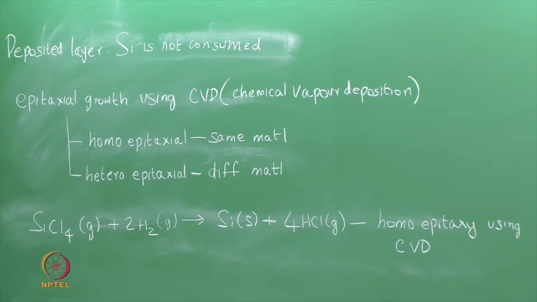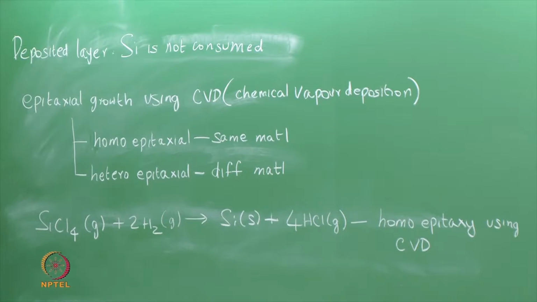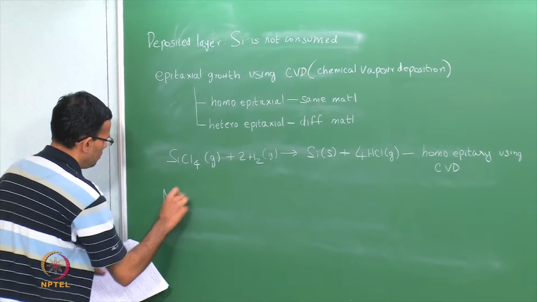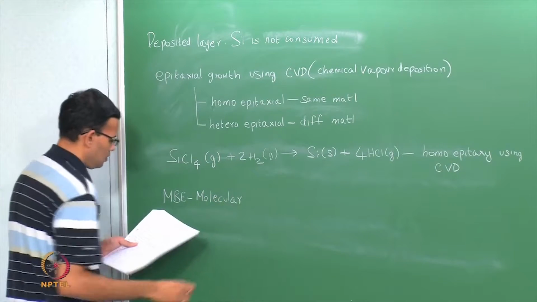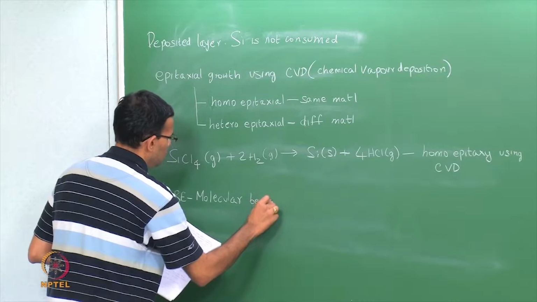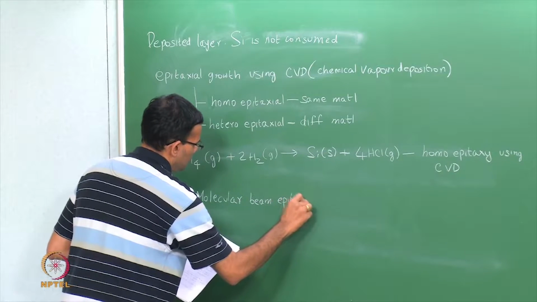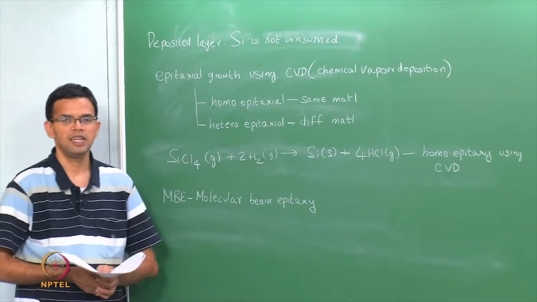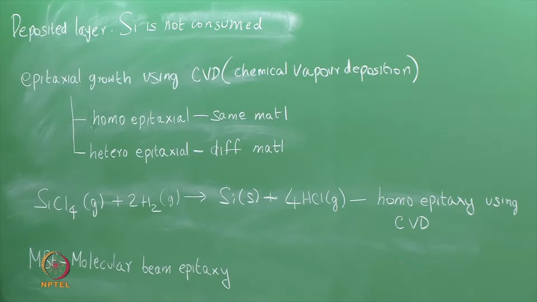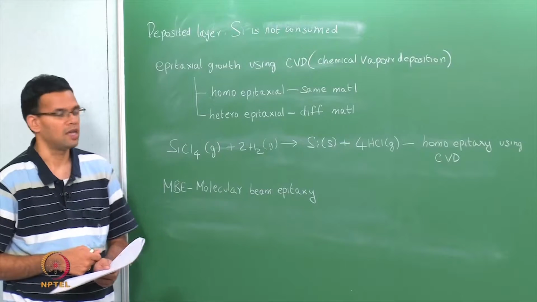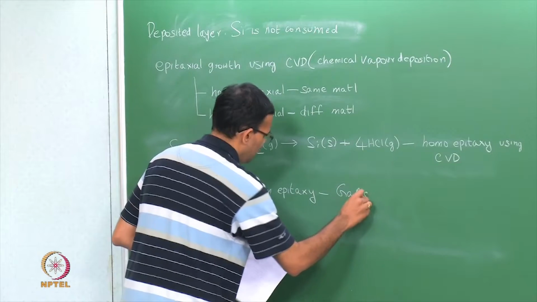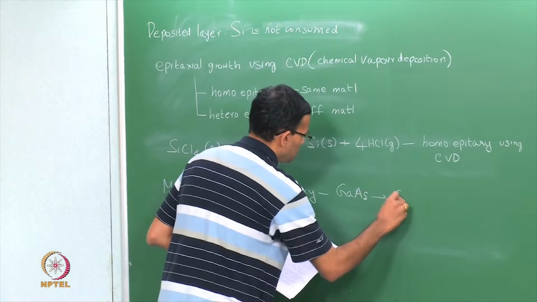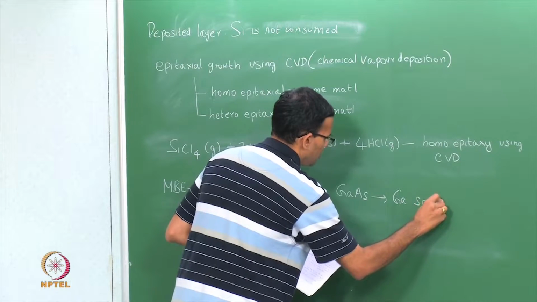Another way of growing epitaxial layers is called molecular beam epitaxy or MBE. In this particular case, molecular beams of the constituents of your layer are directed onto the surface. So, for example, if you are trying to grow gallium arsenide, you have a gallium source and an arsenic source.